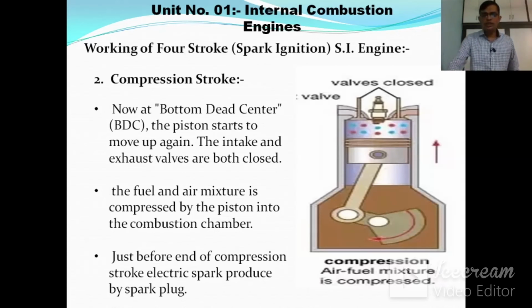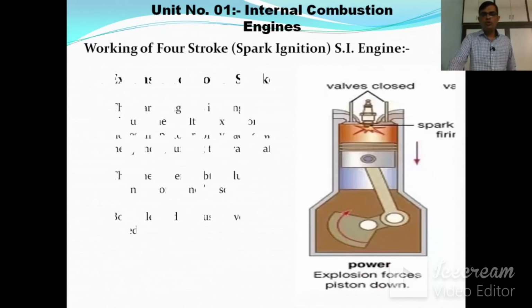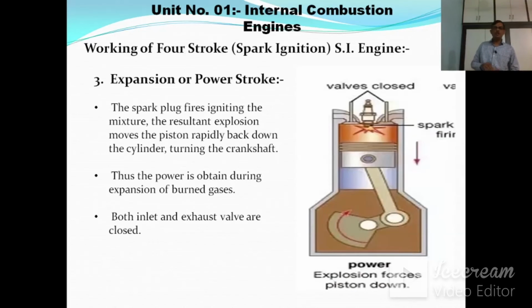Now this is our third stroke. What exactly happens in the third stroke? When the piston comes to the top at the end of the compression stroke, a spark is produced, and due to this spark the fresh charge is burned. The power developed inside the combustion chamber means the burnt gases apply pressure on the piston, and the piston moves downward.